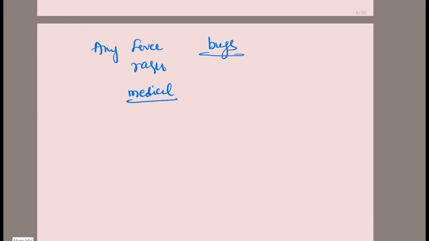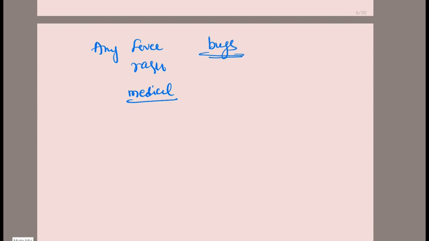In the antenatal history, you need to ask any fever during pregnancy, any rash during pregnancy, any medical condition she had during pregnancy. Okay, any infections or any bugs during pregnancy.